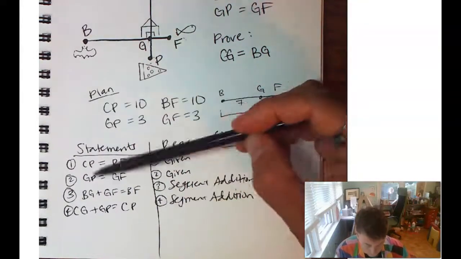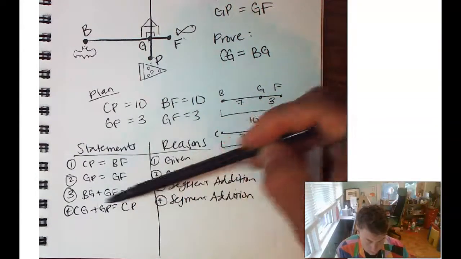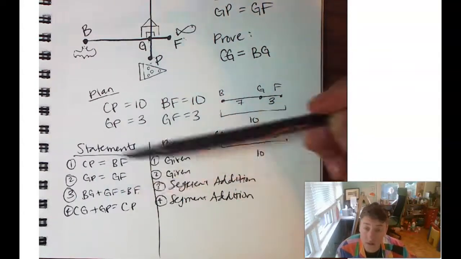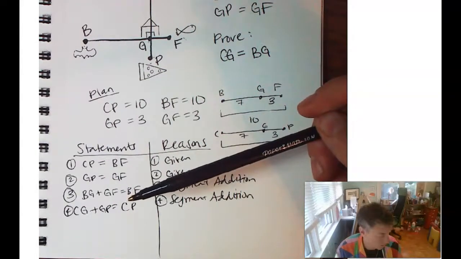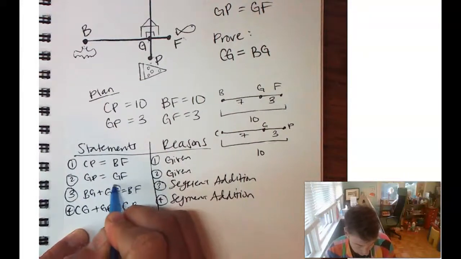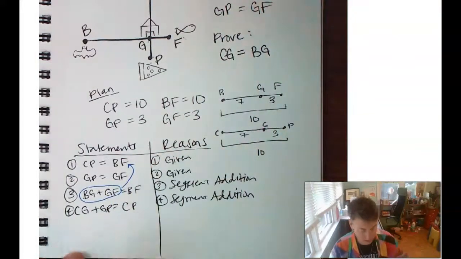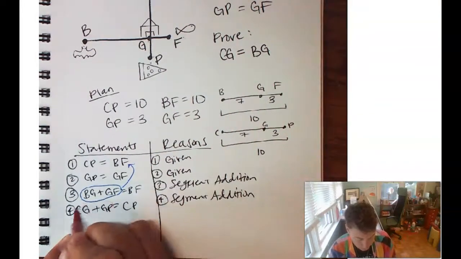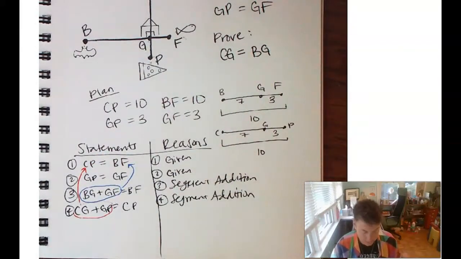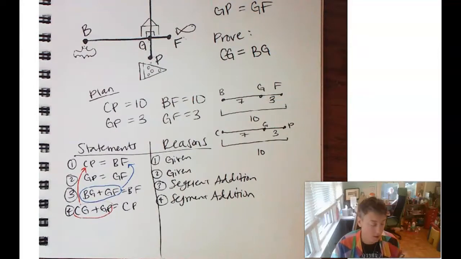Let me say that again. If CP equals BF, and CP equals something, BF equals something else, these somethings also have to be equal to each other. What we're really doing is substituting this expression in for BF and this expression into CP. So we can now say that this expression equals this expression because of substitution.